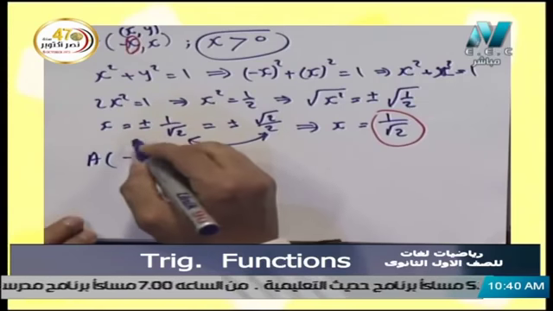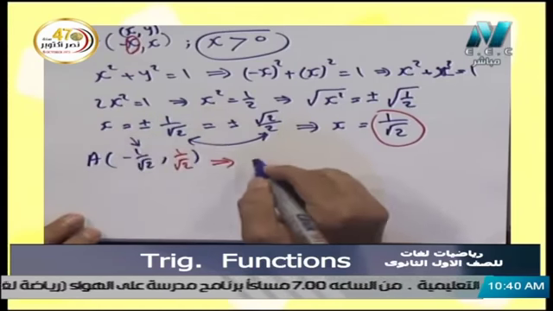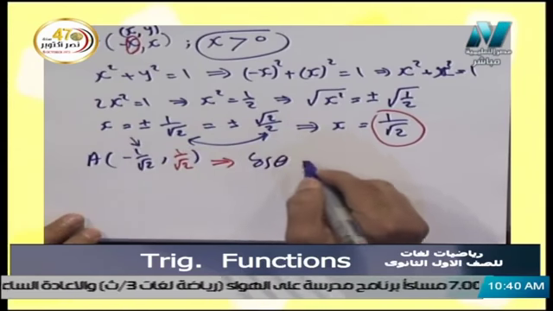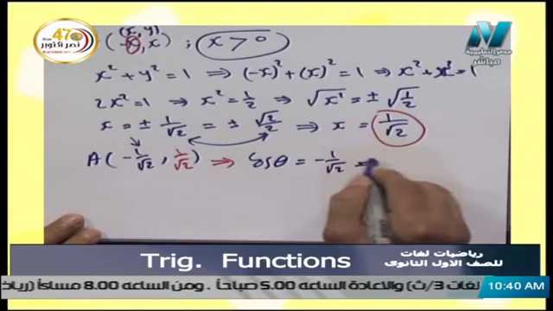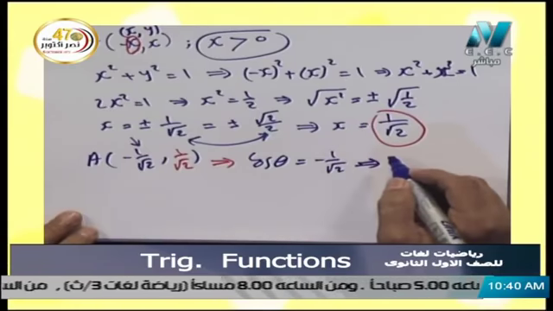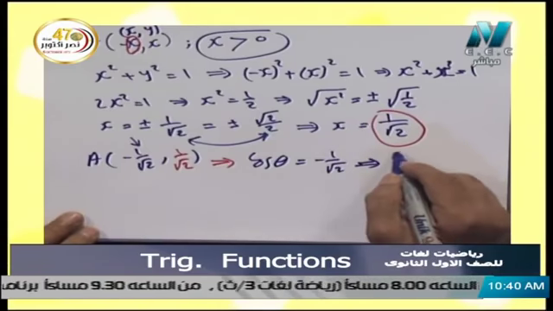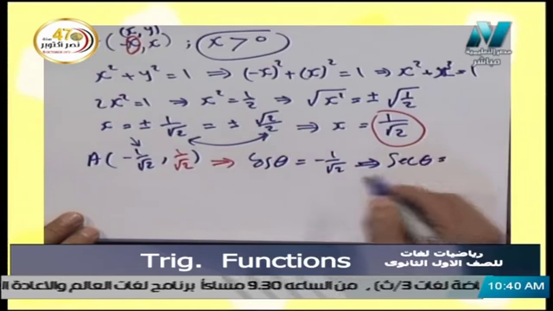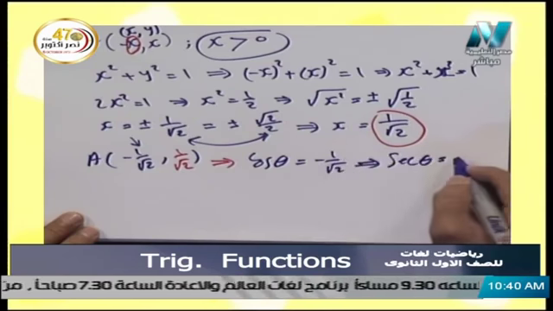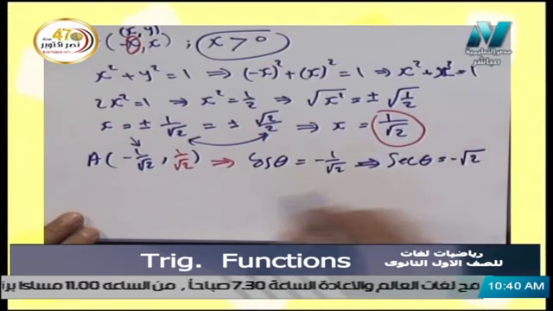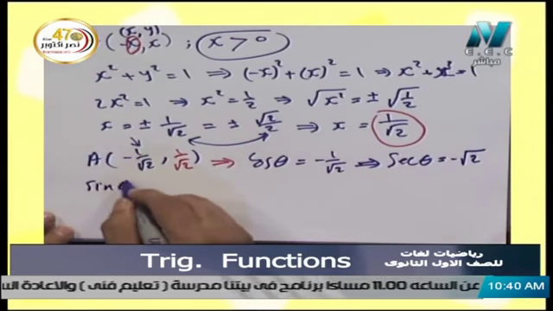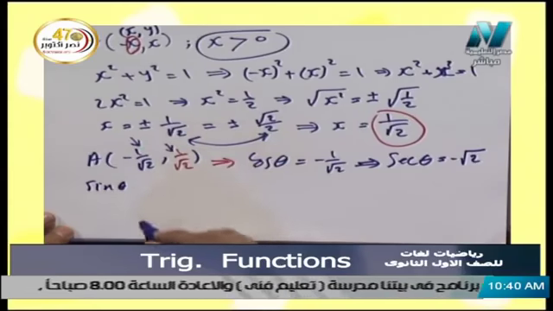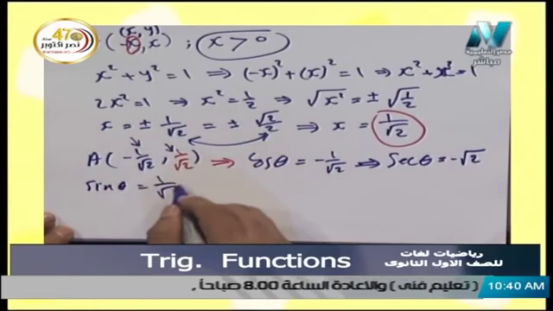this part, we know it as cosine. Cosine of the angle theta here is negative 1 over root 2. And of course its reciprocal, which is sec theta, is negative root 2 over 1, or negative root 2. And also, we know that sine theta is this part, which is 1 over root 2.